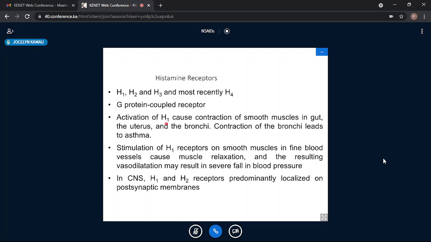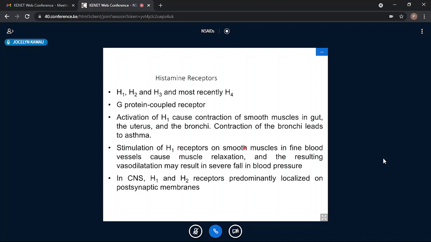We can note that activation of H1 causes contraction of smooth muscles in the gut, the uterus, and the bronchi. Contraction of the bronchi leads to asthma. So once histamine binds the H1 receptors, it causes contraction of the smooth muscles in the gut, the uterus, and the bronchi, and that leads to asthma.